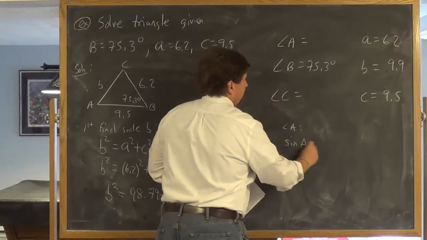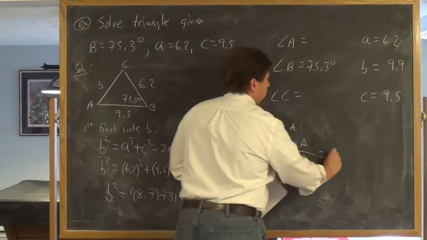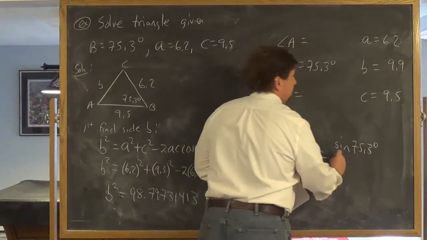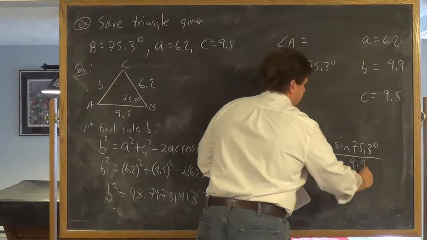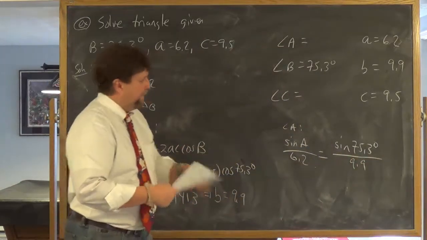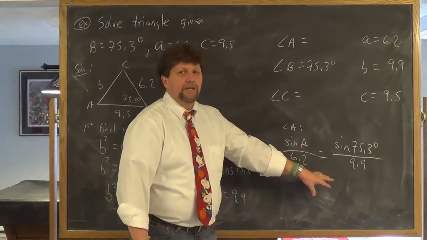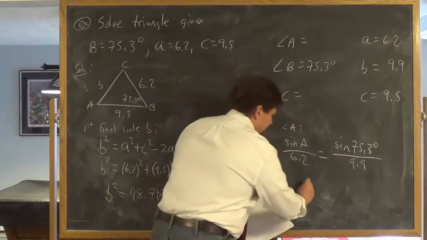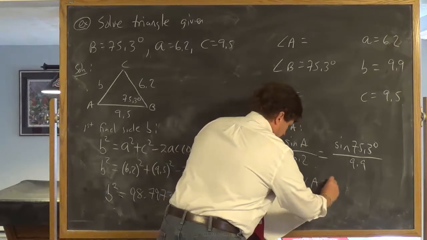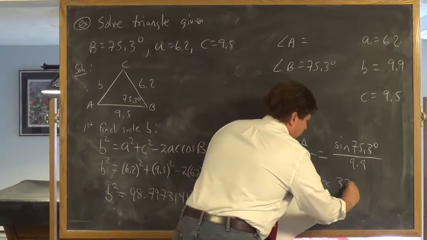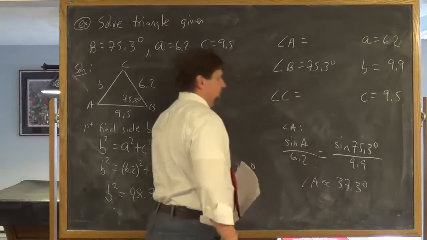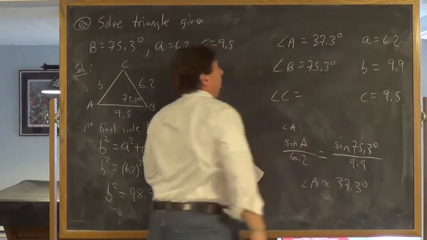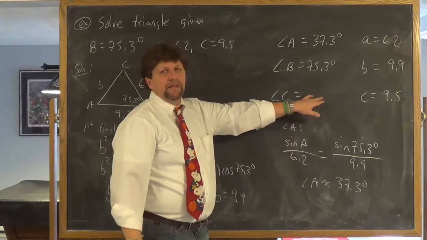So we have the sine of A over 6.2 equals the sine of B, 75.3 degrees, over B, which is 9.9. Multiply both sides by 6.2 and then use inverse sine, and you should get angle A to be pretty close to 37.3 degrees. So we'll put 37.3 in here, and then angle C is going to be the easy one.